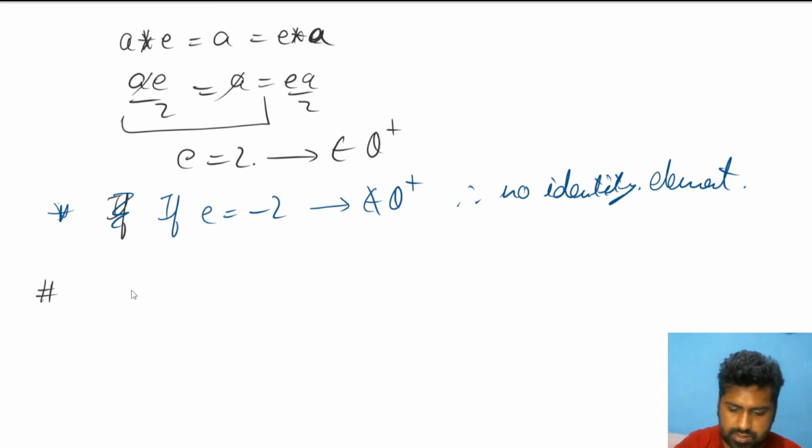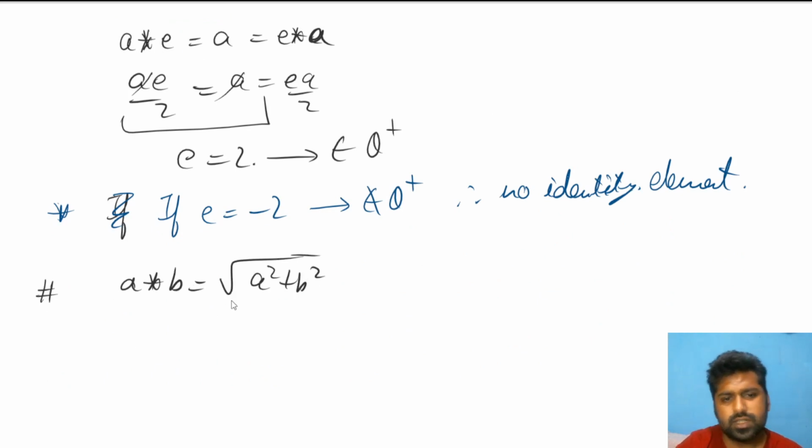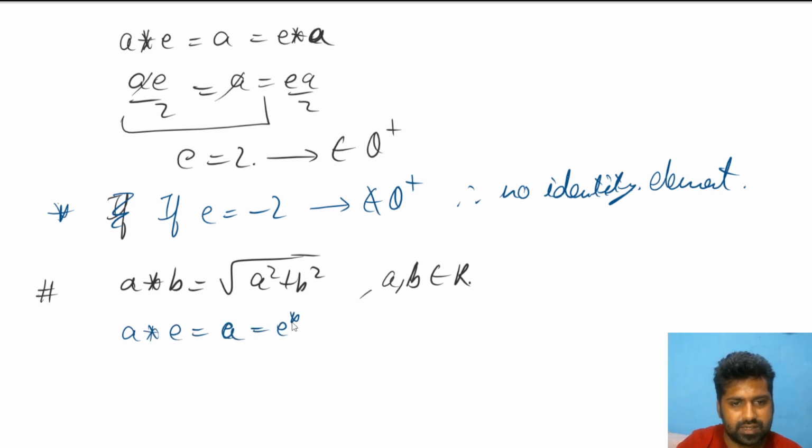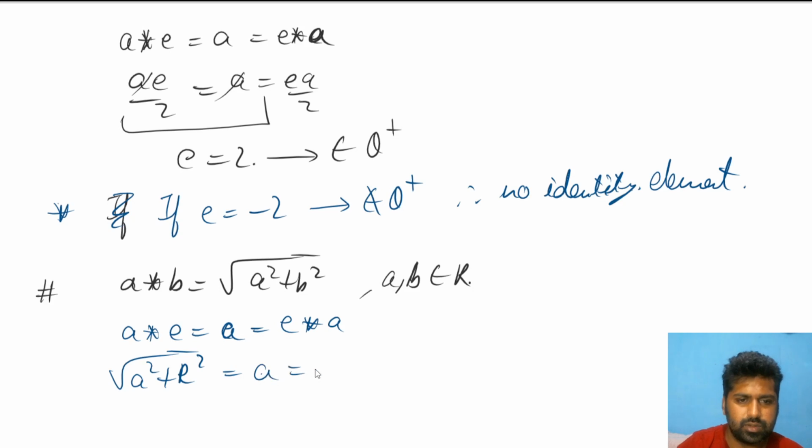Now another question, last. A star b is equal to square root of a square plus b square. For this you have to find the identity element. A comma b belongs to R, so very safe. Real numbers are very safe because everything is included. So a star e is equal to a is equal to e star a. So square root of a square plus e square is equal to a is equal to square root of e square plus a square.